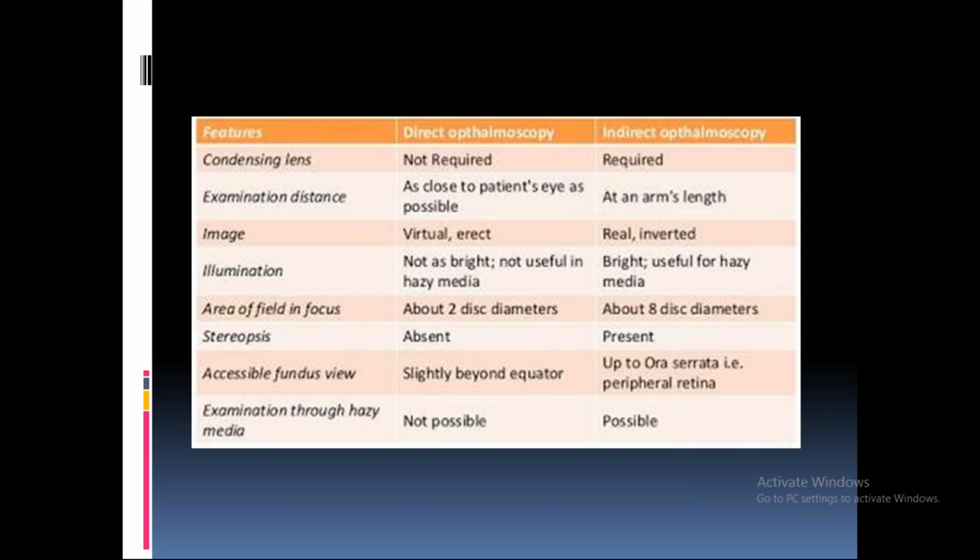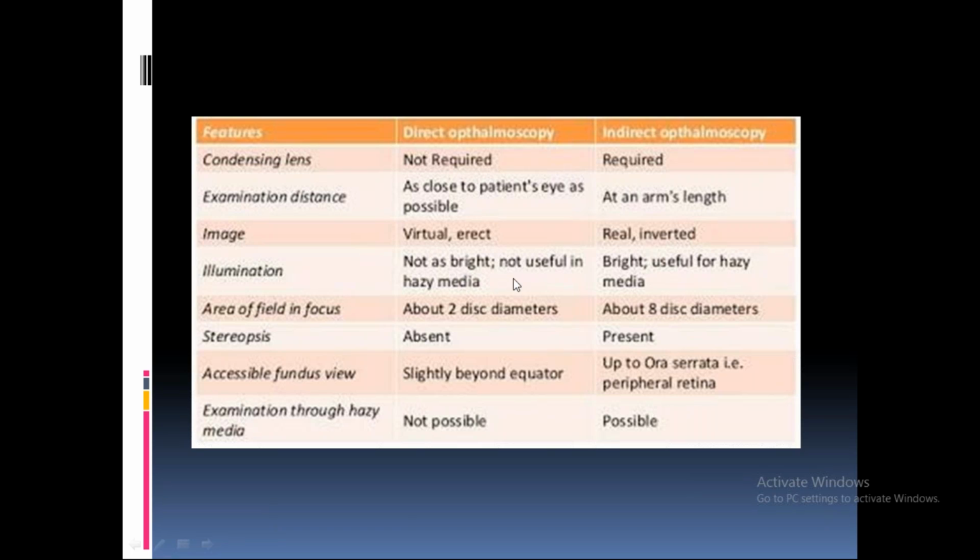The differences between direct and indirect ophthalmoscopy: a condensing lens is not required in direct ophthalmoscopy, whereas it is required in indirect ophthalmoscopy. Examining distance is as close to the patient as possible for direct ophthalmoscopy, and at arm's length in indirect ophthalmoscopy. The image formed in direct ophthalmoscopy is virtual and erect, whereas it is real and inverted in indirect ophthalmoscopy.